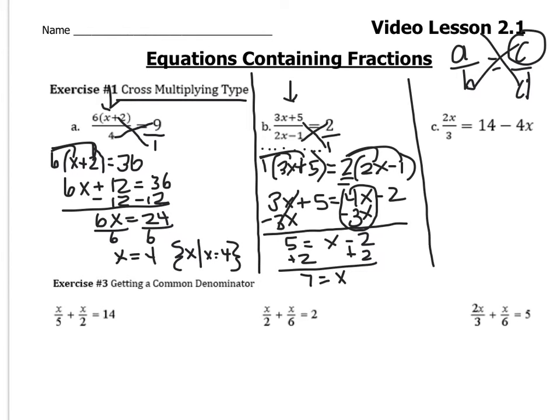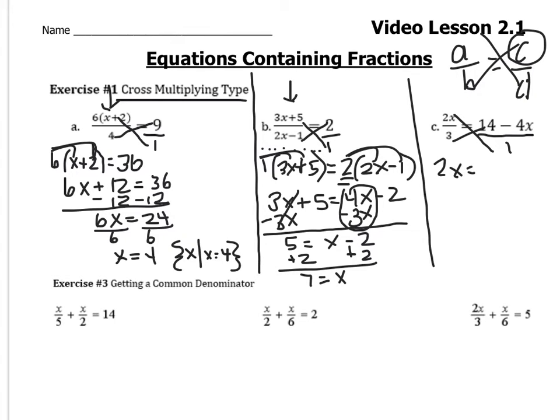On this next one, you have a fraction on the left side and this expression on the right side. Well, still, even though that's an expression, you can put the whole thing over 1. Make it look like a fraction, and now we can cross-multiply to solve it. 2x times 1 gives me 2x. The equals goes in the middle.